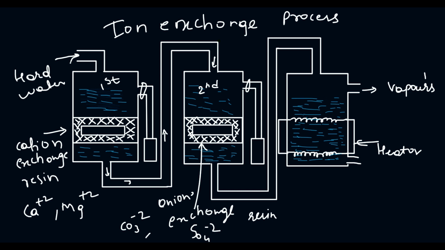The regeneration, that is, this long chain must have some limit to absorb the cations. After the limit, all the micropores are filled with Ca+2, that is cations. So this acid is used to regenerate it.